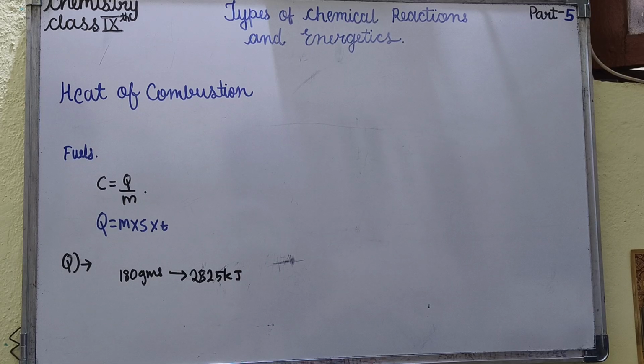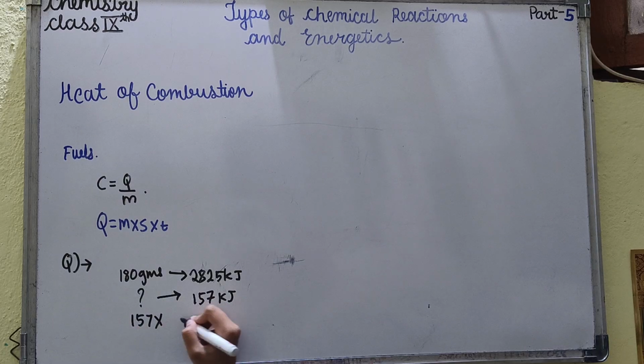The amount of glucose required to produce 157 kilojoule of energy: simply we'll multiply 157 into 180 upon 2825.